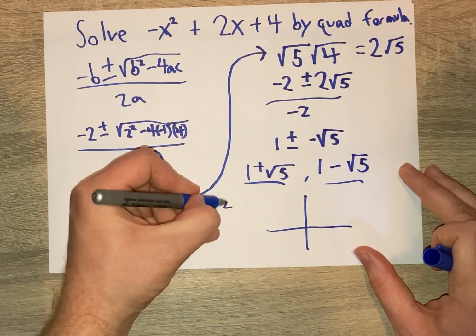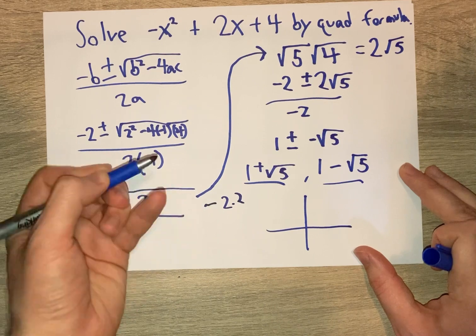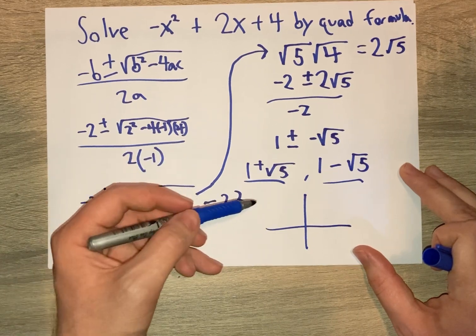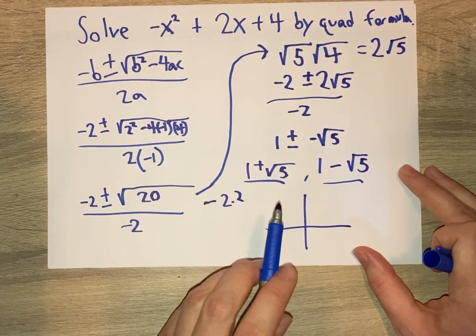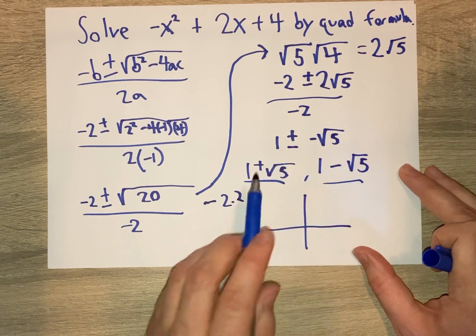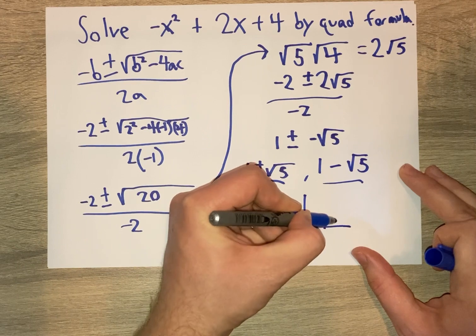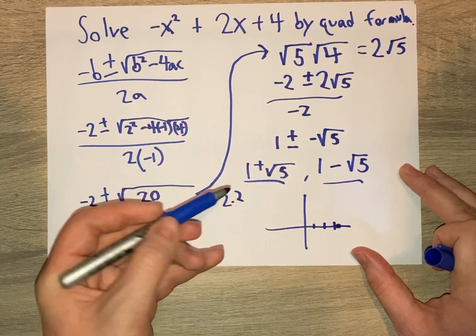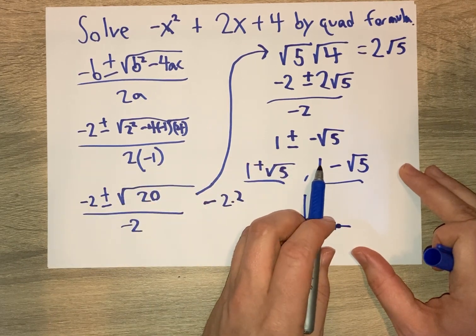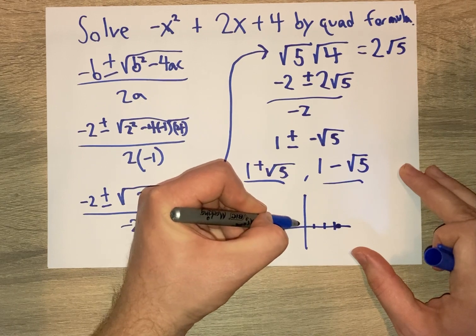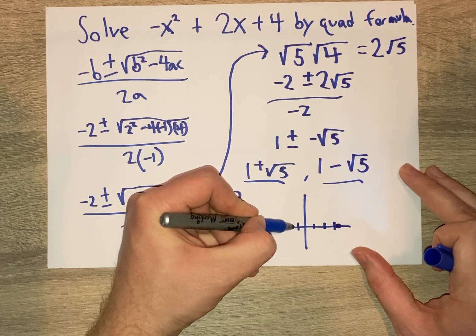It's going to be something like 2.2, right? So then that lets us get the numerical value of these expressions. 1 plus 2.2 puts us at around 3.2. 1 minus 2.2 puts us at negative 1.2.